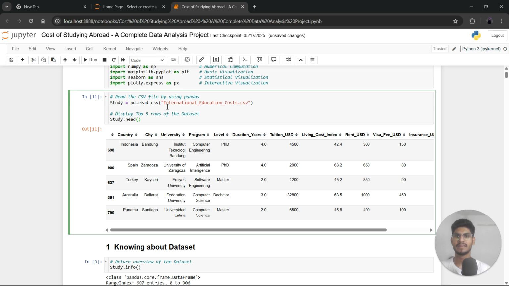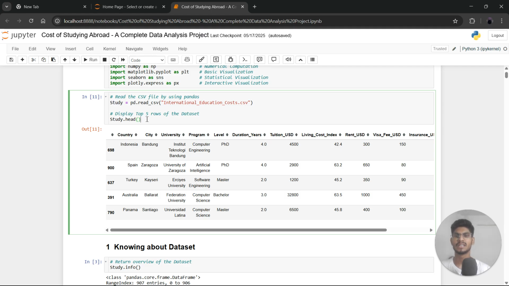Now we have given the path right here, and we are using read_csv. read_csv helps to read the data which we have in our dataset. So we have used pd.read_csv, and then created a variable where all this data will be stored. We have stored it in a study variable.